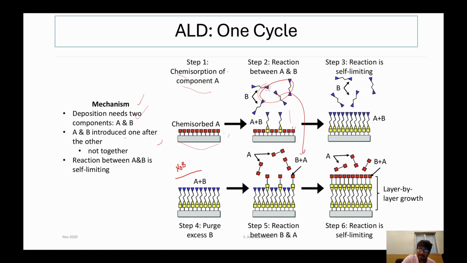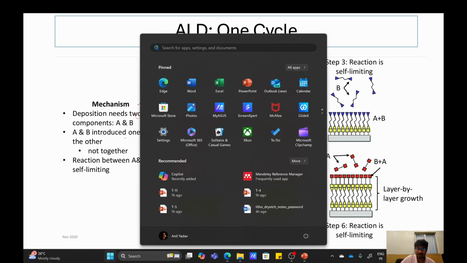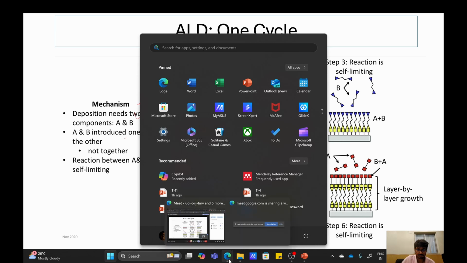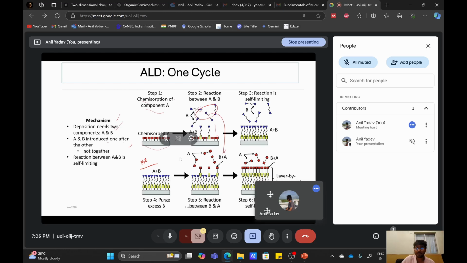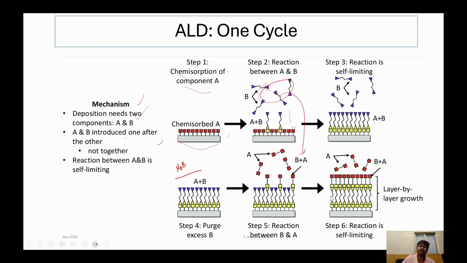Only one precursor molecule of A will react with one precursor molecule of B. Then if we allow some time, all the sites of A are occupied by the precursor B. These are reacted.